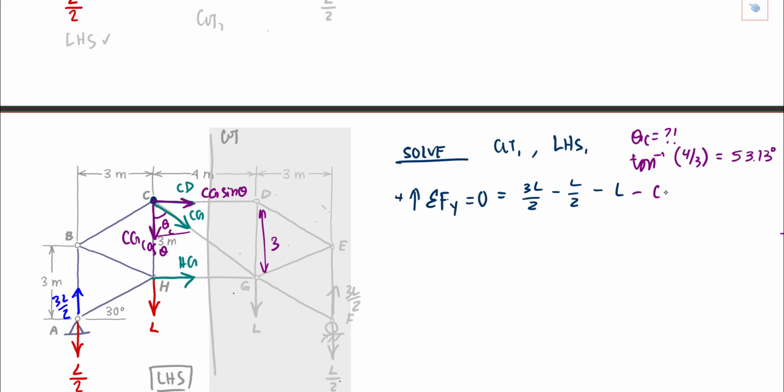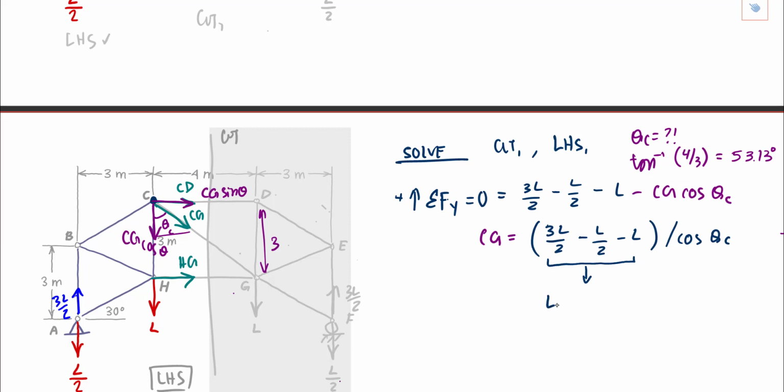Minus CG cosine of theta C. And what do we get for CG? Let's see. If we were to do the math, we get that CG is going to be equal to 3L over 2 minus L over 2 minus L, all divided by cosine of theta C. And then what does this look like here?